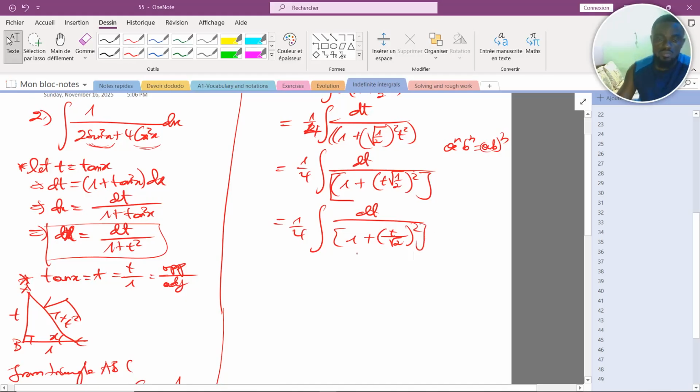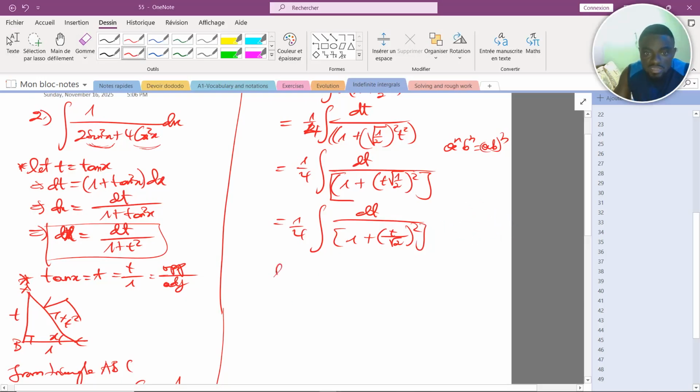Is that okay? Now, having reached this place where this is already in the form integral of dx all over 1 plus something, all that squared, we can easily use our next substitution.